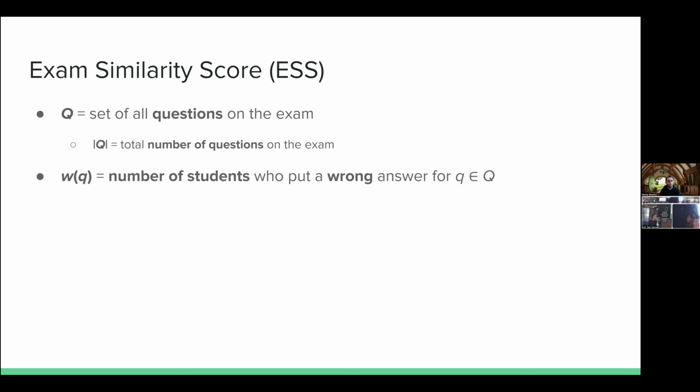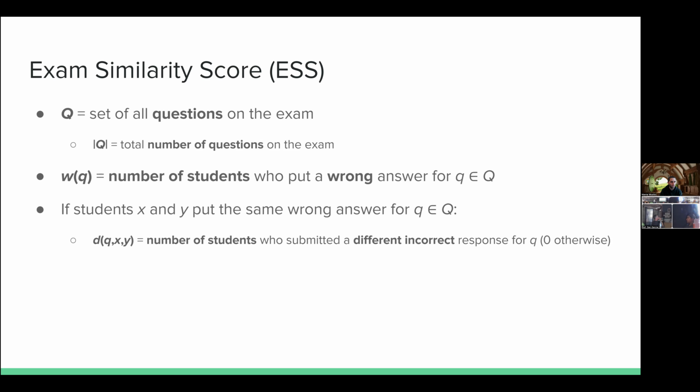Denote W of q, W for wrong, as the number of students who put a wrong answer for question lowercase q, where lowercase q is one question in the set of all questions capital Q. Now think about the scenario where students X and Y put the same exact wrong answer for question q.